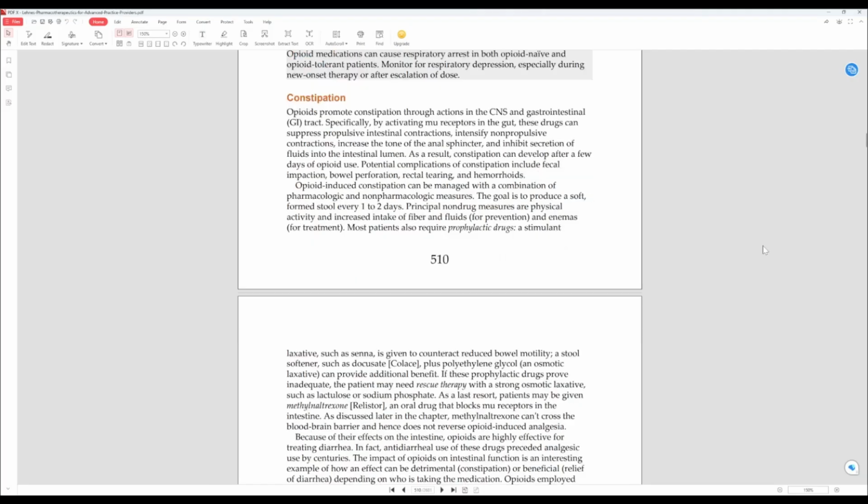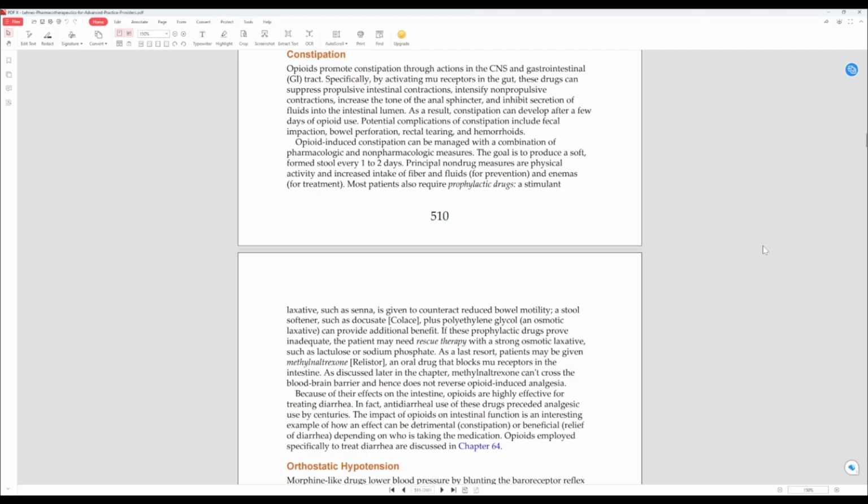Which brings us to the next side effect, constipation. Opioids promote constipation through action in the CNS and gastrointestinal tract, specifically by activating the mu receptors in the gut. These drugs can suppress propulsive intestinal contractions, intensify non-propulsive contractions, increase the tone of the anal sphincter, and inhibit the secretion of fluids into the intestinal lumen.